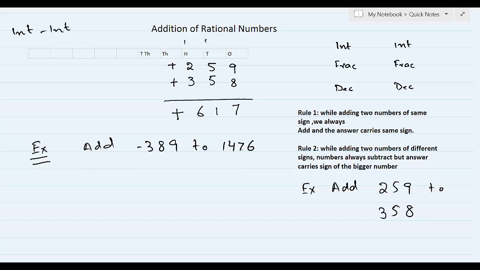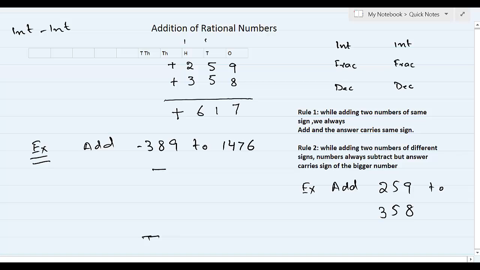It means this number is positive. If it had a negative sign, then that sign would be given. So let's first write down the number plus 1476, and the other number is minus 389.